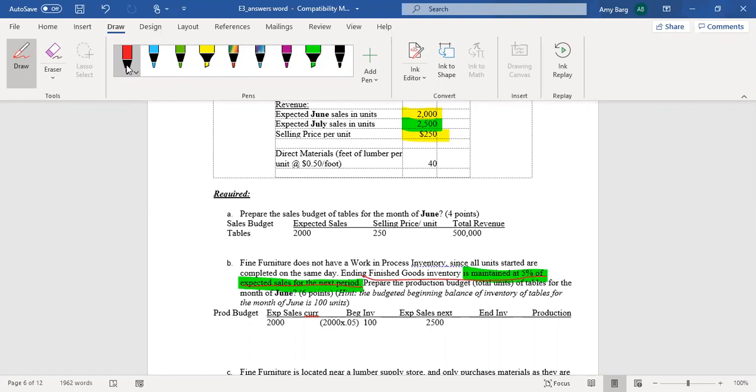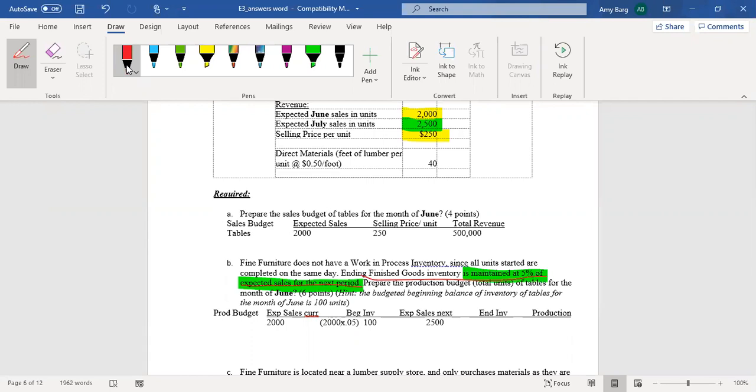So at the end of when they did their production in May, they said, okay, we're going to need to have 5% of what we expect to sell in June already there. They need something to start with. So 5% of what they're expecting to sell in June is 5% of 2,000, which is where the 100 comes from. And that's kind of what they want to start with.